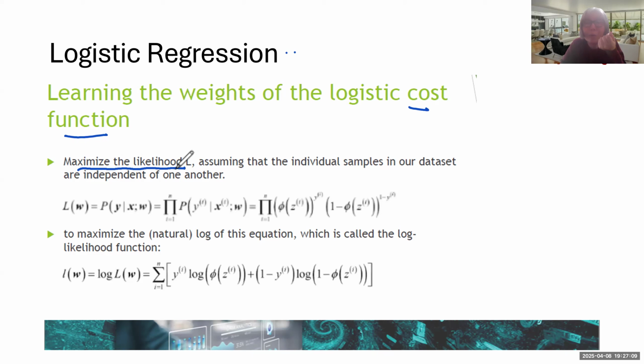The higher the better. So this is a probability, and based on the sigmoid function, it can be written in this case. And then we can take a log, and we try to maximize the natural log of this equation.